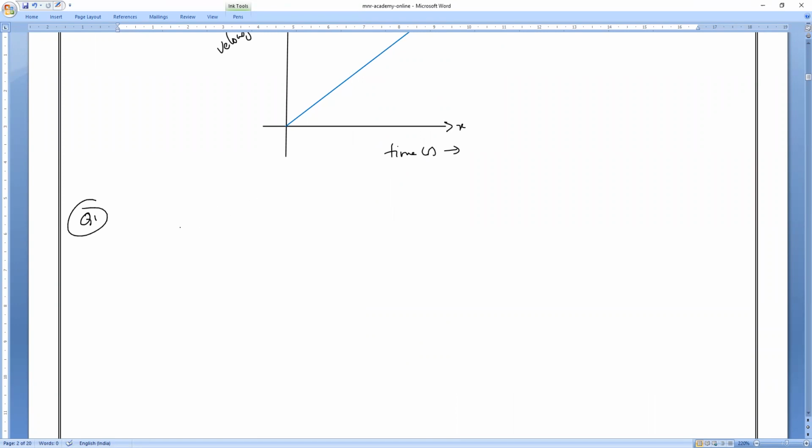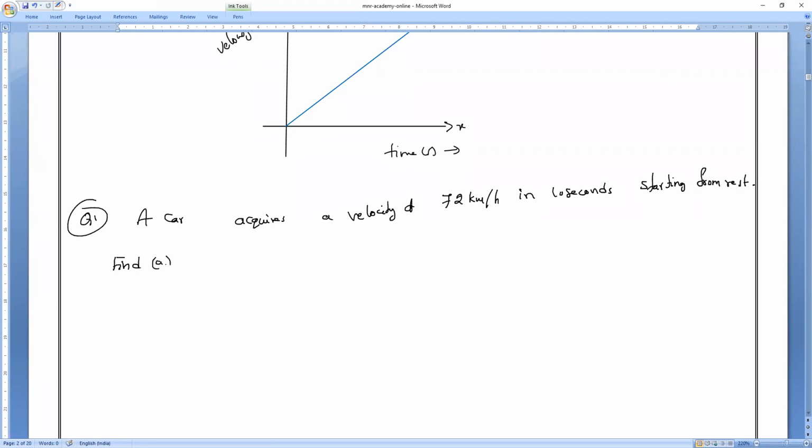A car acquires a velocity of 72 km per hour in 10 seconds, starting from rest. Find, part a, the acceleration.